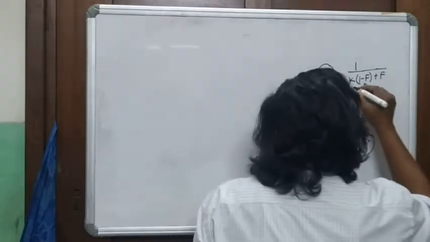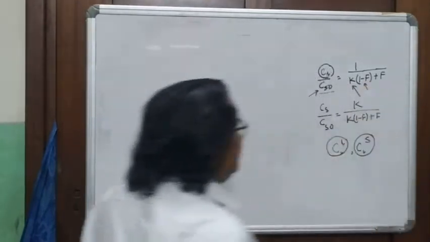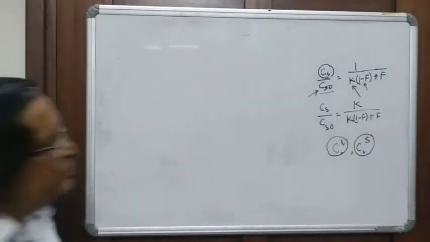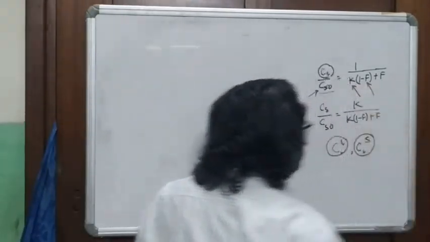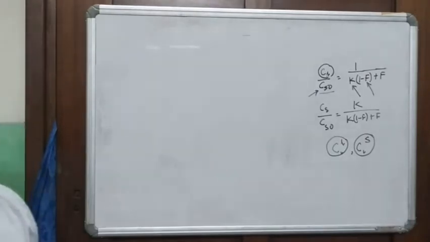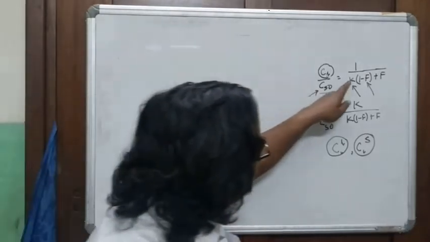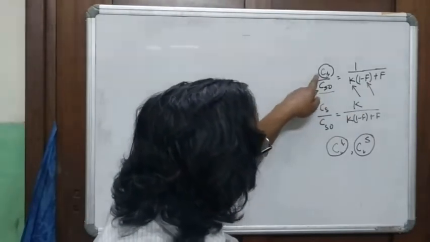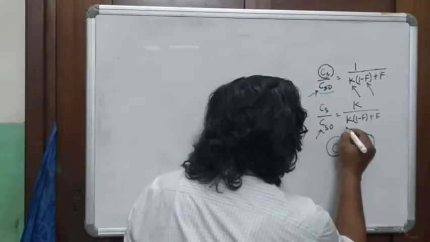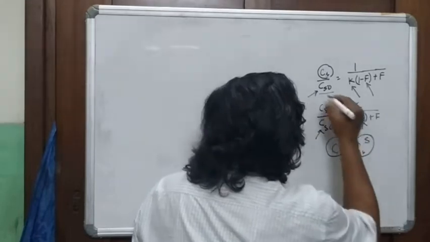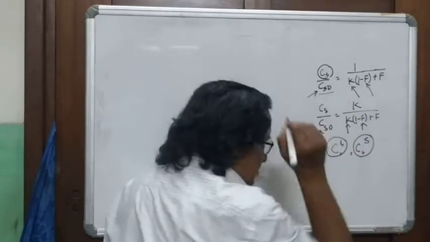You need an idea of the partition coefficient K. And you need an idea of F, the fraction of melt remaining. If you know these three parameters, then you can find Cl.